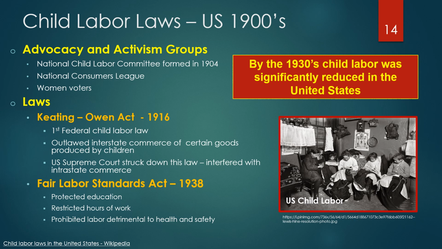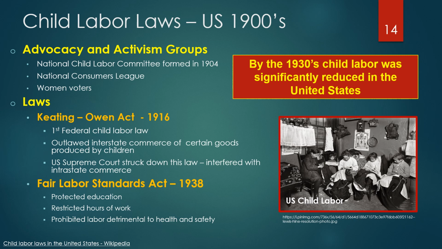In 1916, under advocacy and activism from the National Child Labor Committee, the National Consumers League, and the emerging class of women voters, Congress passed the Keating-Owen Act, the first U.S. federal child labor law, outlawing interstate commerce involving certain goods produced by children. There was opposition from Southern Democrats and President Wilson, but due to public and political pressure, this bill was approved.